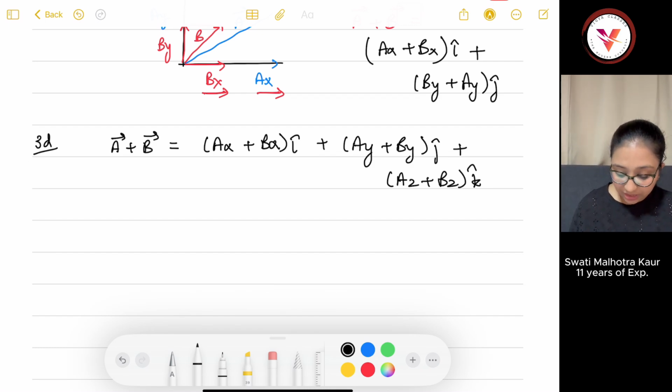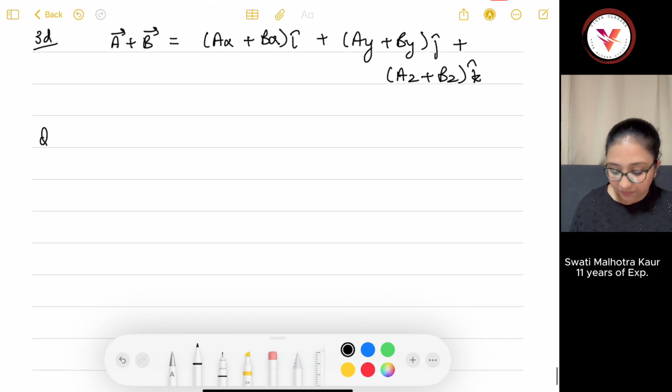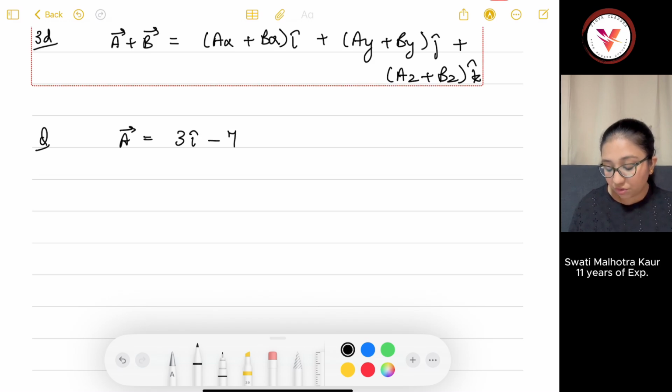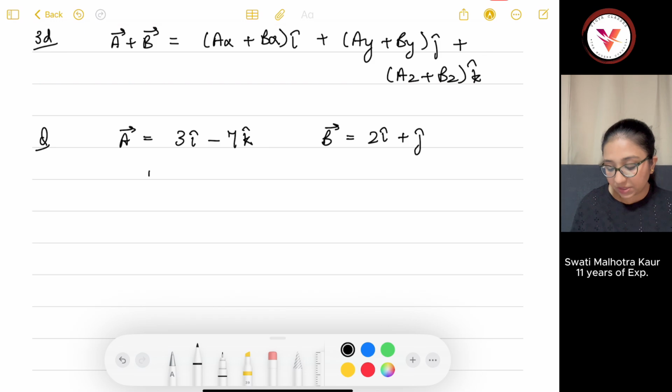Okay, so let's say you have this a vector which is 3i cap minus 7k cap, and you have this b vector which is like 2i cap plus j cap. Now if you have to add this a vector plus b vector, then you have to add these i component, j component, k component.